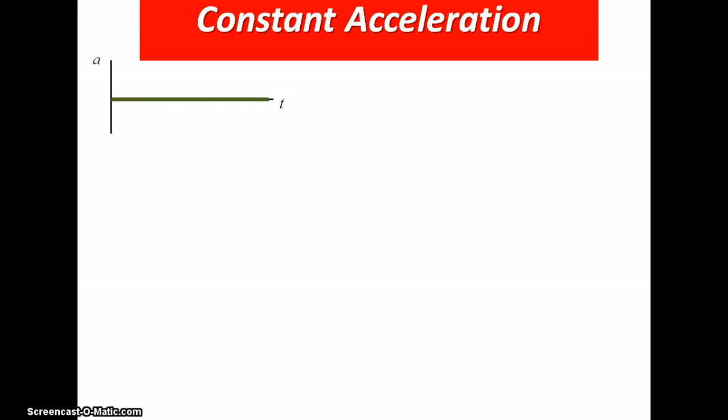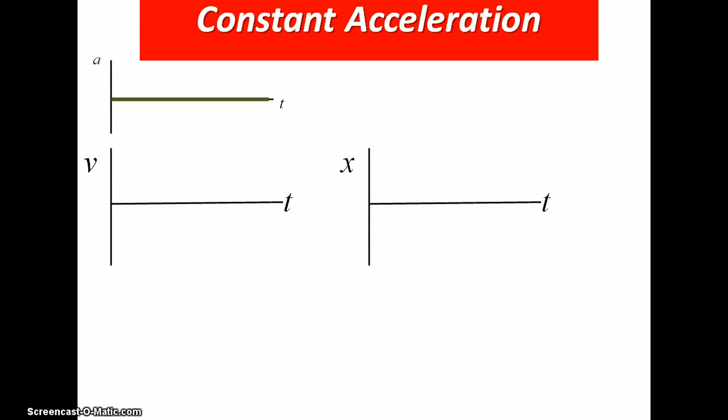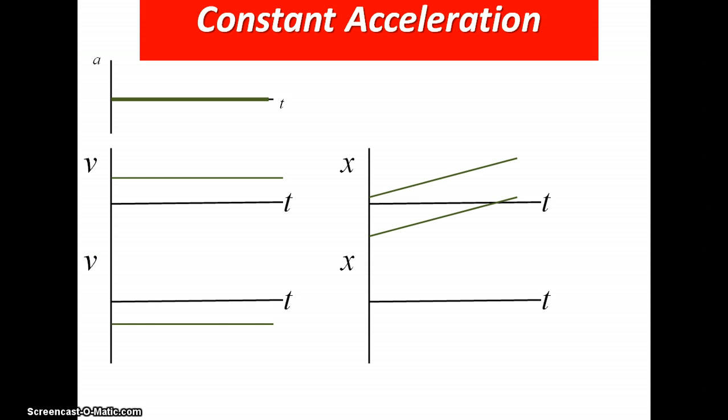How about constant zero acceleration? Certainly constant acceleration. What does the graph of velocity versus time look like? That's a possibility, constant positive velocity, in which case the position versus time graph would have constant positive slope, or constant negative velocity, certainly constant zero acceleration, in which case the position versus time graph would have constant negative slope.